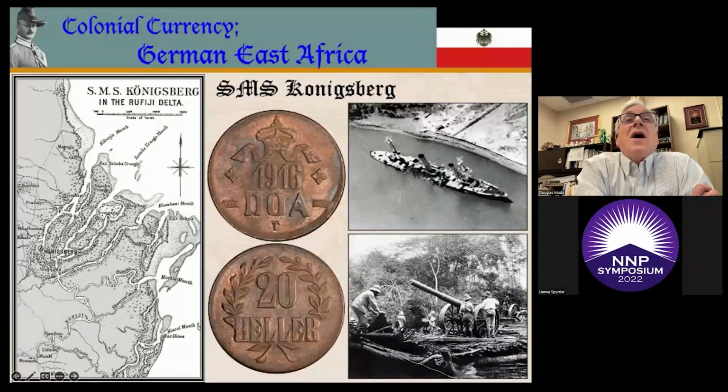Turns out there were a lot of problems because the early seaplanes weren't powerful enough to take off in the heat and humidity, and it took them a little while to figure that out. But eventually, the British did find the Königsberg and started a campaign to try to destroy or capture her.